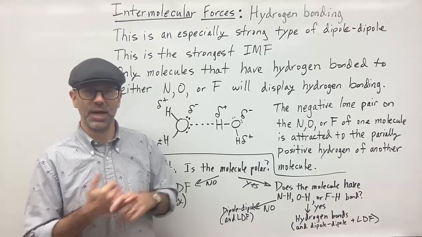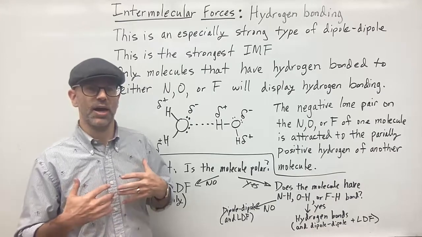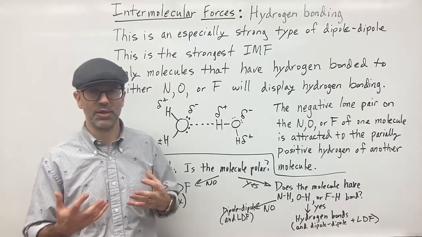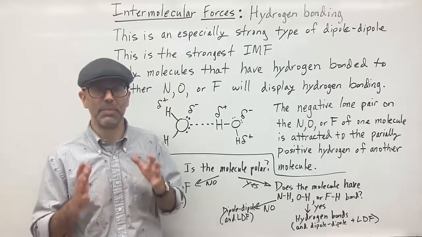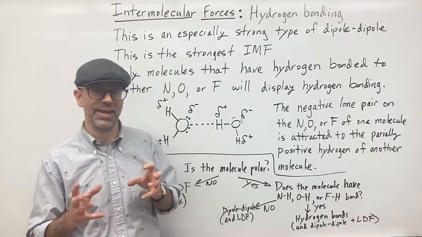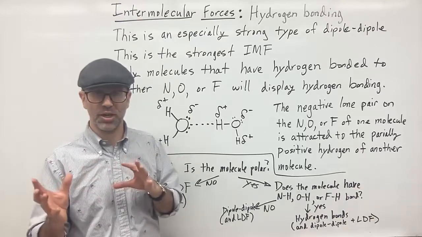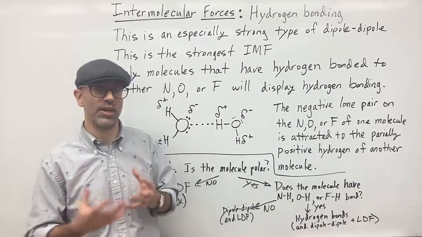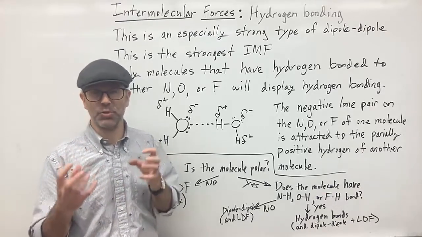And then we talked about dipole-dipole interactions, which are permanent dipoles. These are the predominant forces that you find in polar molecules, because polar molecules have a permanent dipole. It doesn't go away due to a fluctuation of electron density. It's always there because of the permanent difference in electronegativity between the atoms.